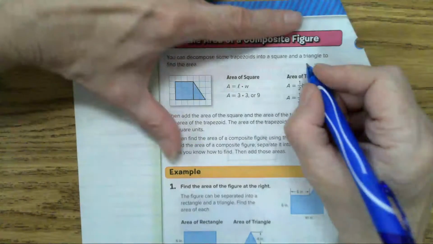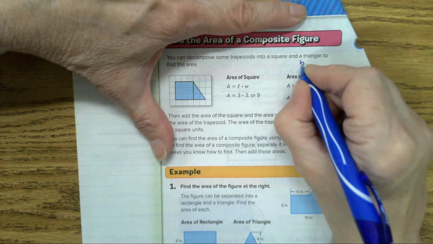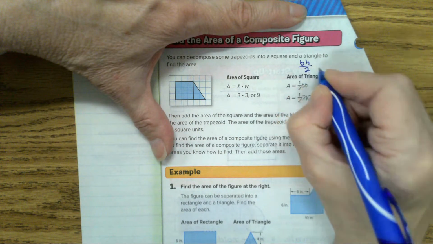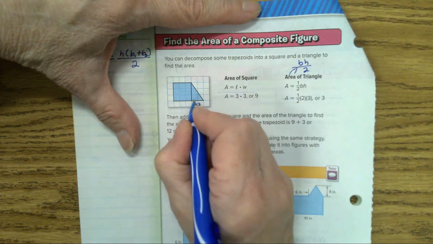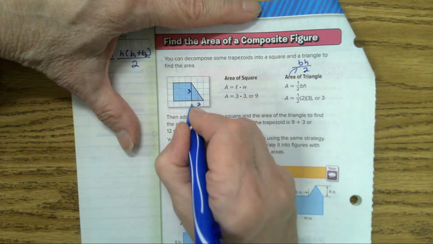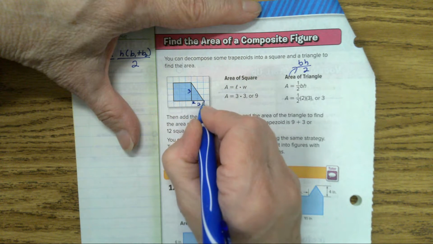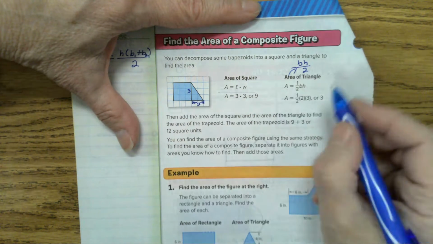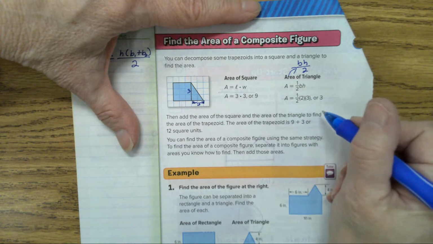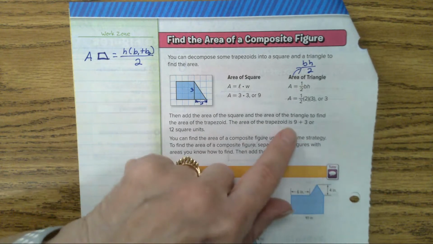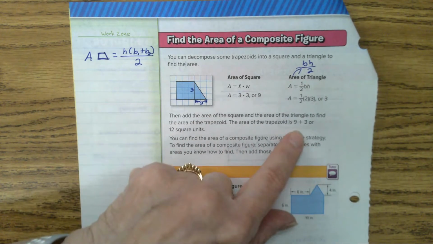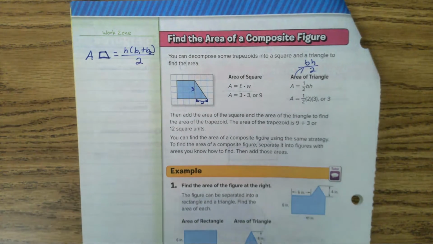We like using the formula base times height divided by 2 for the area of a triangle. So the base is 2 and the height is 3. Divided by 2 is 3. And then you add the square, 9, plus the triangle, which is 3. So the area of that shape is 12.